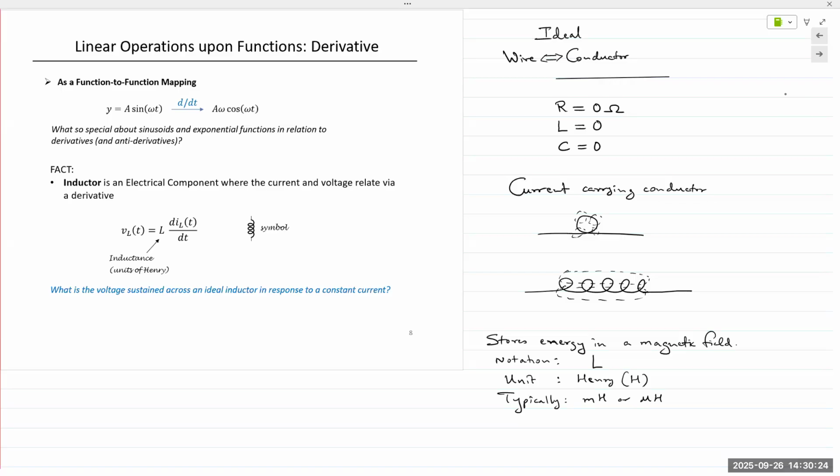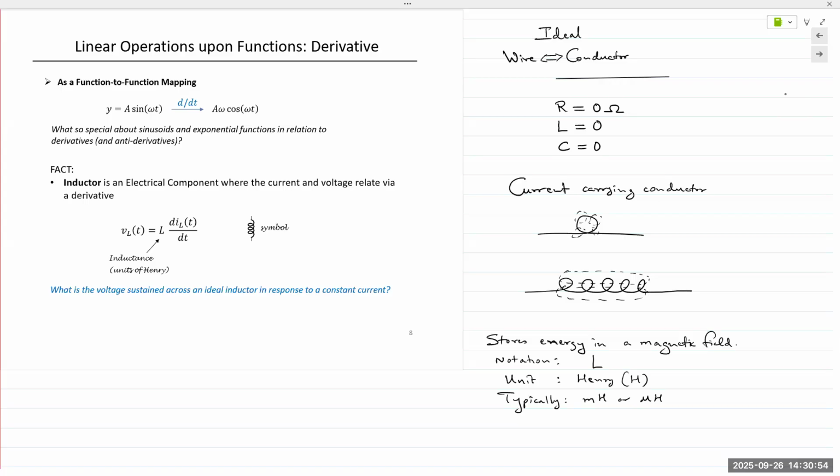Those are just spiral loops of the wire. Oh, those are magnetic flux lines. Good question. Those are magnetic flux lines. So anytime we have a current carrying conductor, it establishes magnetic flux lines around that conductor.